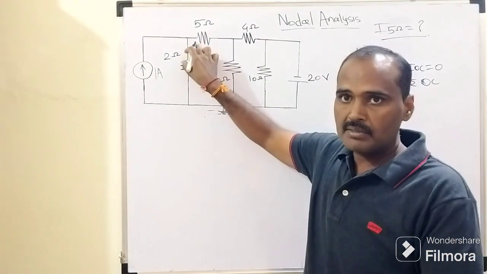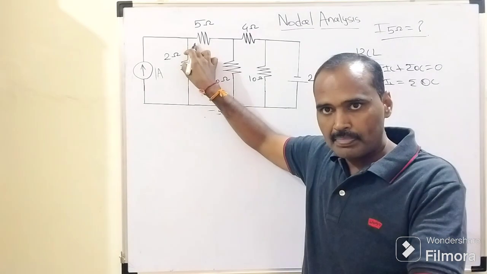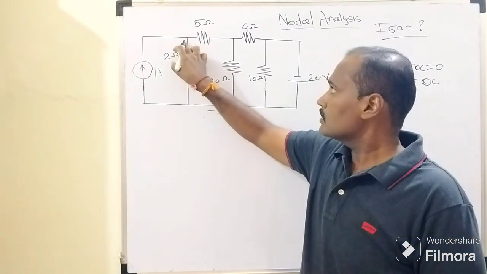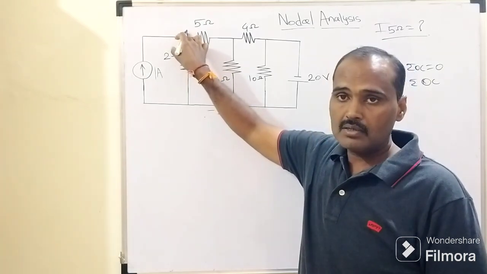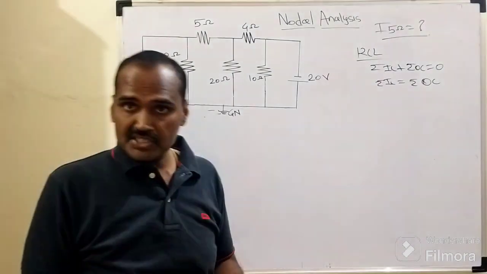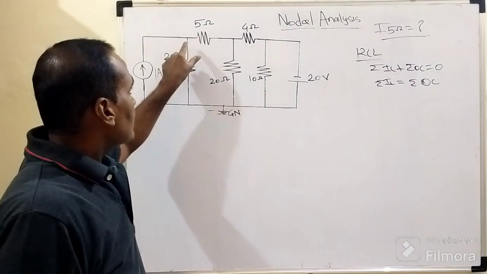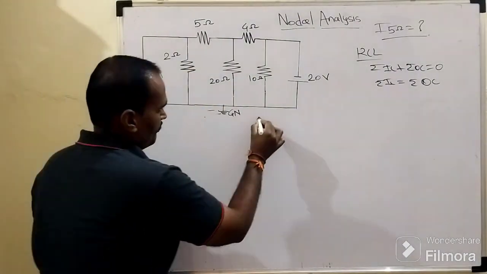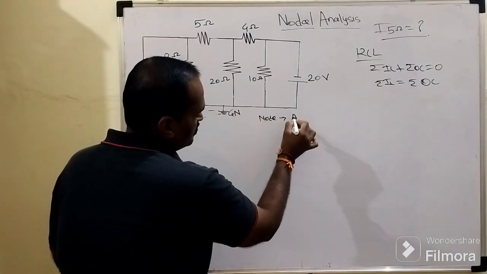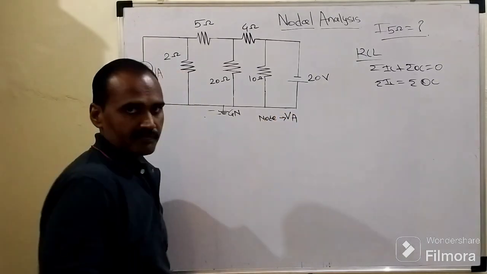The adjacent terminal of this 5 ohm resistor is also placed at the same potential. So this equipotential point, at which 3 branches are associated with each other, can be called a node. That is node number 1, whose potential is V suffix A.